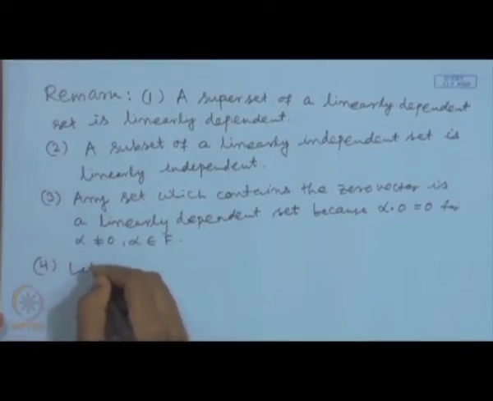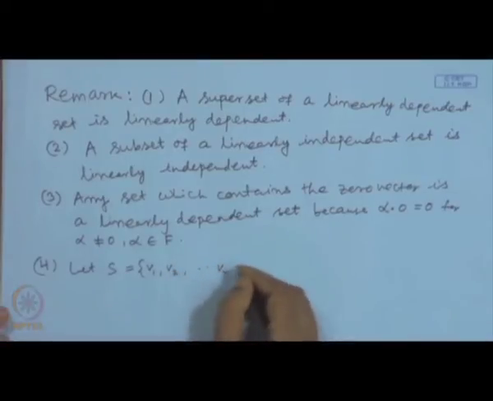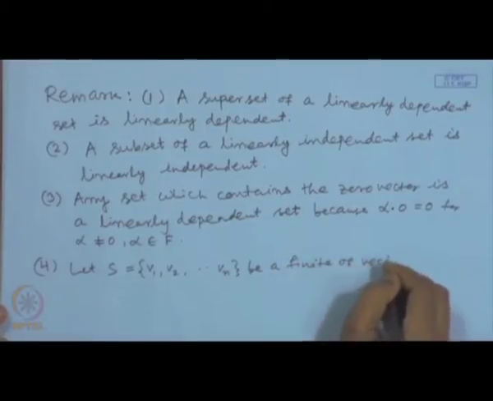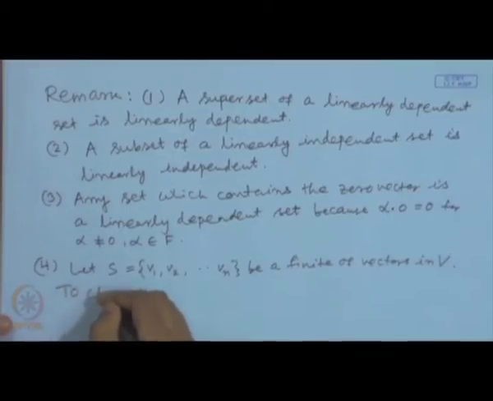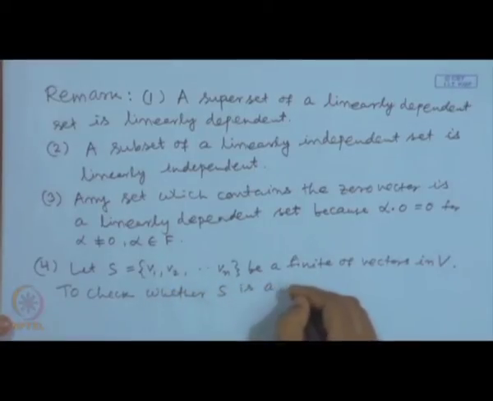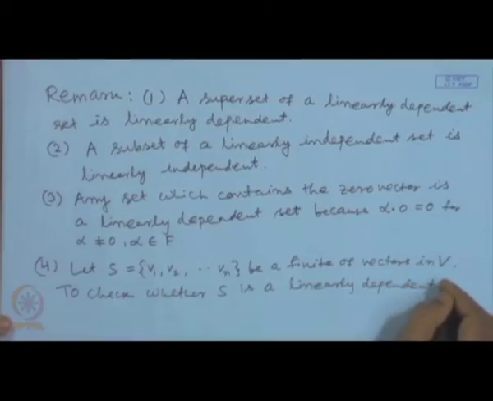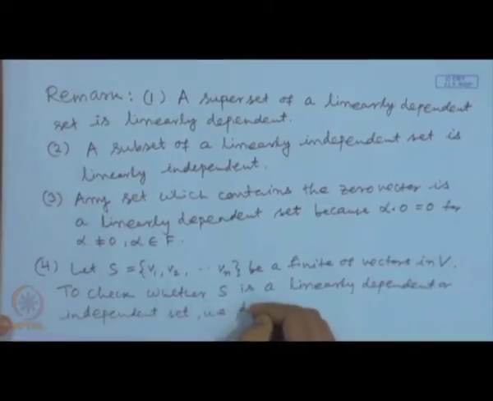Here we consider that S is the set of vectors V1, V2 to Vn, a finite set of vectors in V. To check whether S is a linearly dependent or independent set, we do the following.